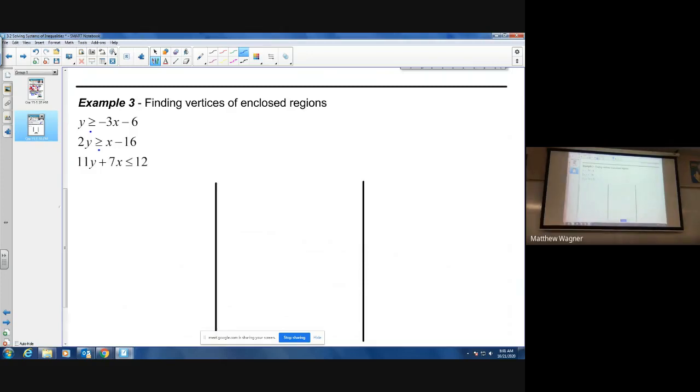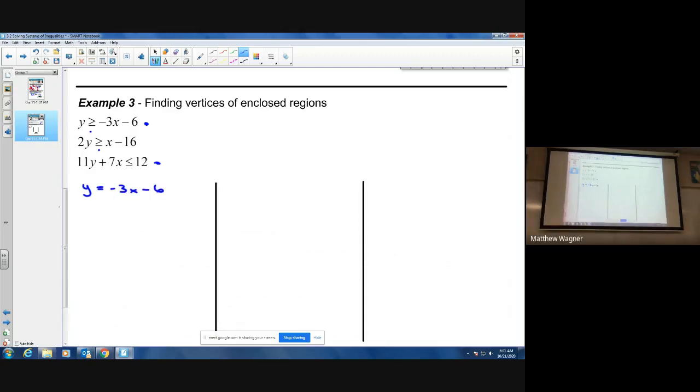So, for instance, on this one, let's do the first and last, okay? So if I want to find the point of intersection of those 2 lines, what I actually have in essence is this.